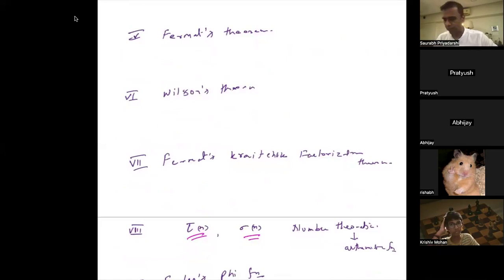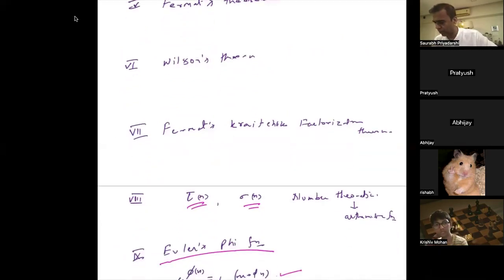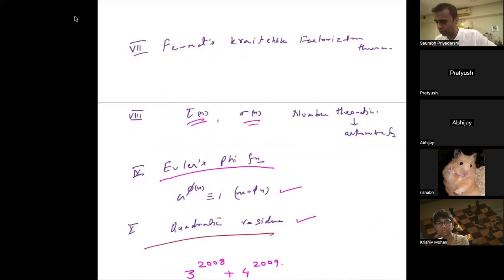Then maybe, if possible, we will be able to complete up to quadratic this Saturday only. We'll do a long class again, 2.5 hours or so. I'll try to complete this this Saturday. I hope everyone is comfortable with that. Saturday, same timing, right? Yes.